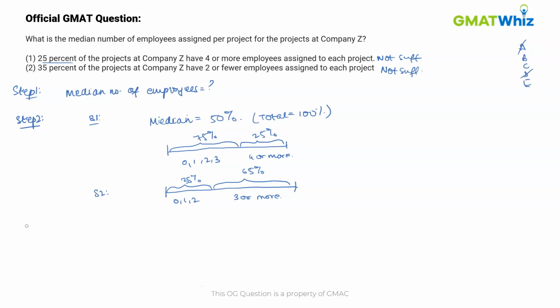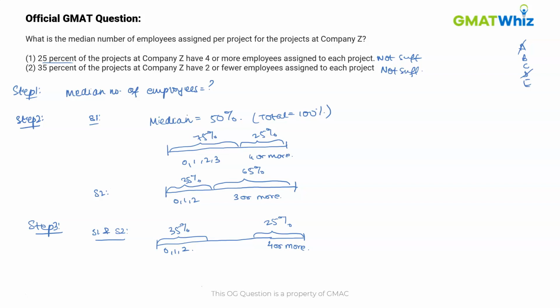And we move on to the last step, which is step 3, and combine both the statements together. Now, if we write the values given in statement 1 and statement 2 together and draw the diagram to illustrate the same, what we get is 25% of the projects at company Z have 4 or more employees assigned, and 35% have 2 or fewer employees, that is 0, 1 or 2 employees.